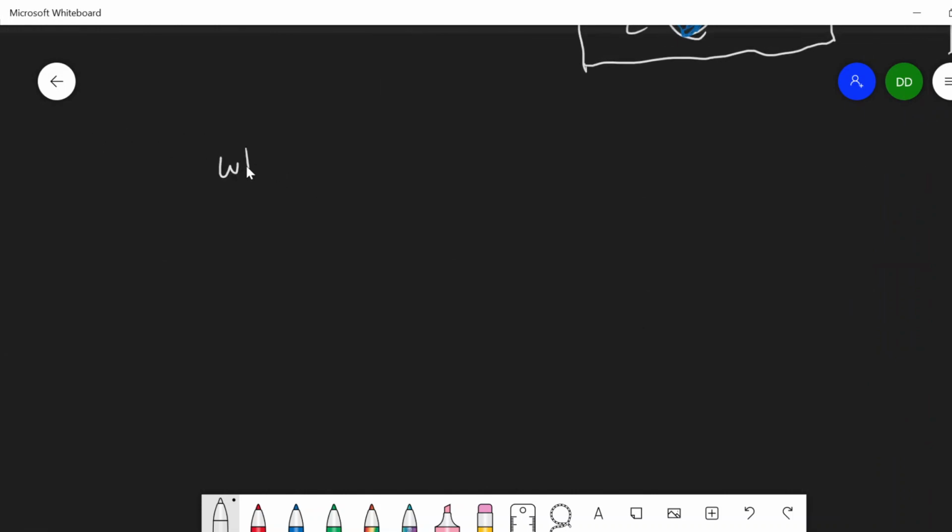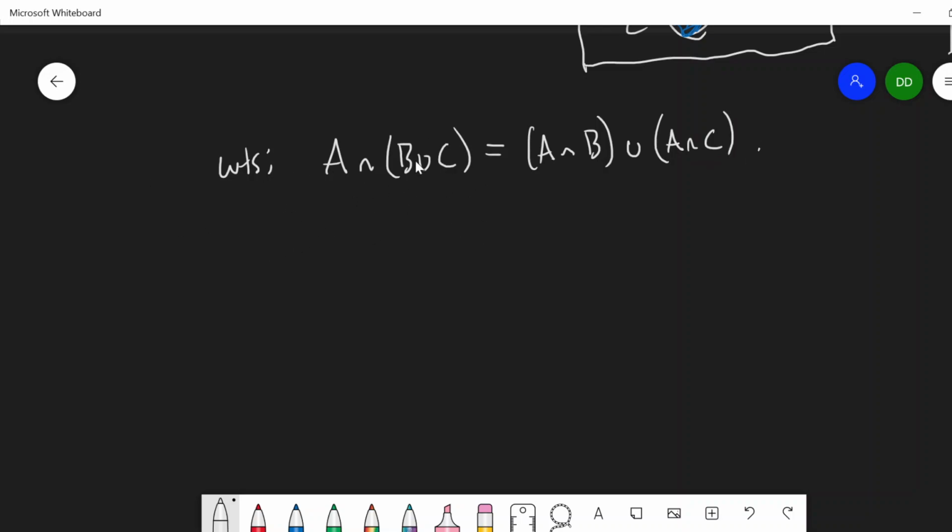So I want to show that A intersect B union C is equal to A intersect B union A intersect C. So by definition, what do I want to show here?